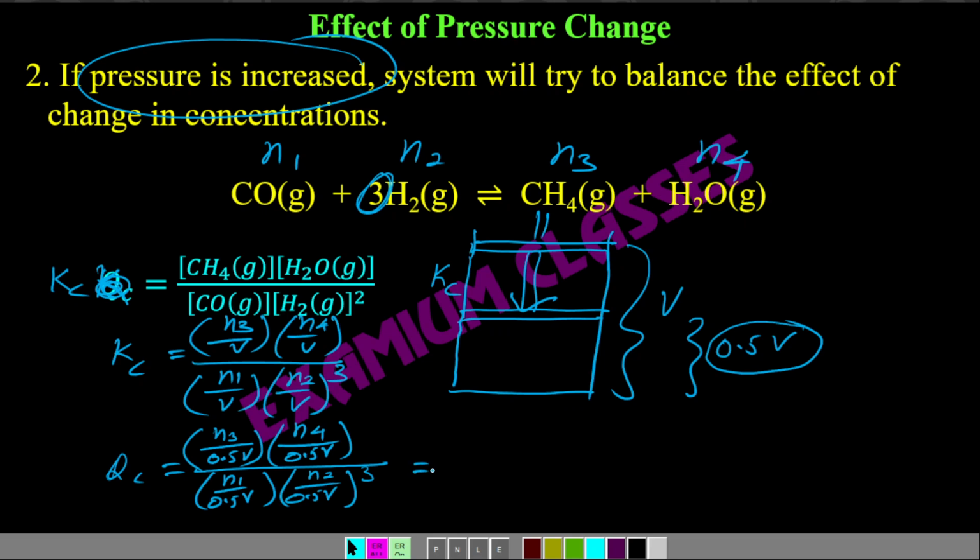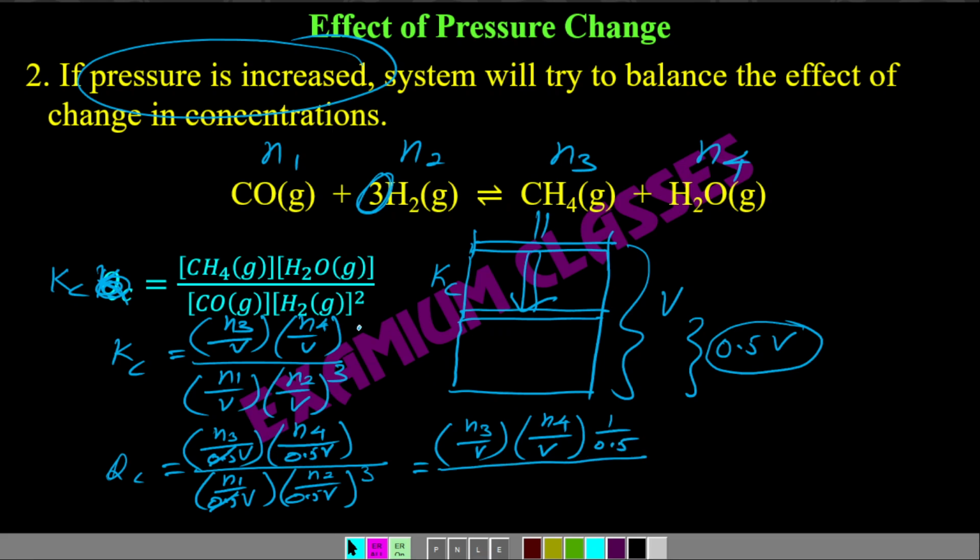Now understand it. What will happen here? Don't cancel V, just calculate 0.5. The rest of the part we will compare with K. So this 0.5, this 0.5 will get cancelled. So I will get N3 by V, and here I will get N4 by V, and then I am writing this 0.5 outside, 1 by 0.5, I am taking this outside.